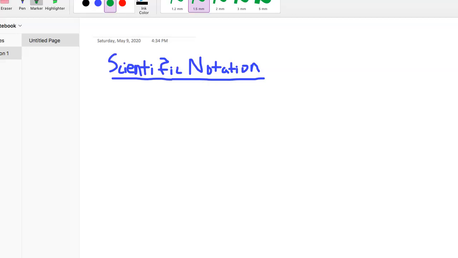So what if it's this one? 0.00067, and they want that in scientific notation. Again, all your answer choices are almost for sure going to be 6.7 times 10 to the something.